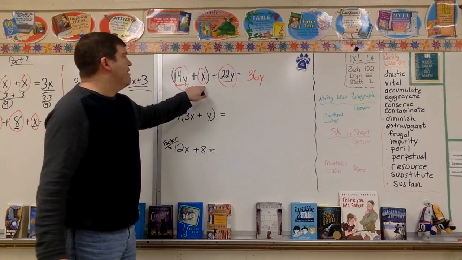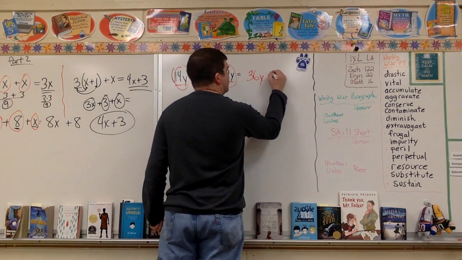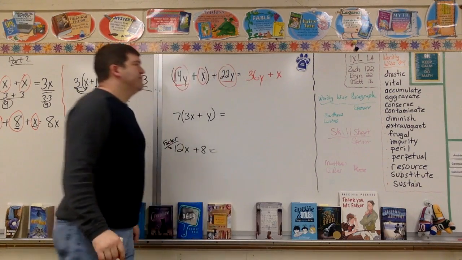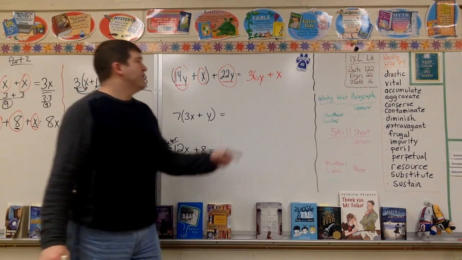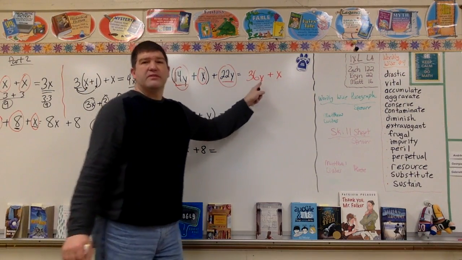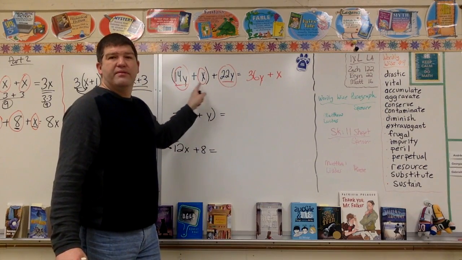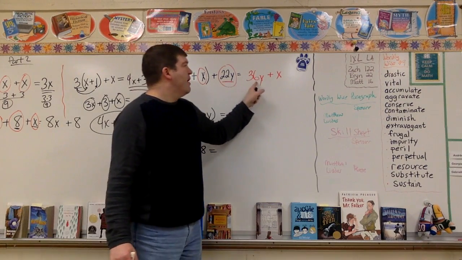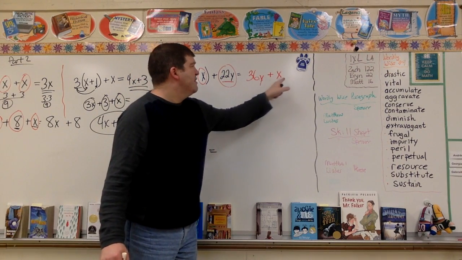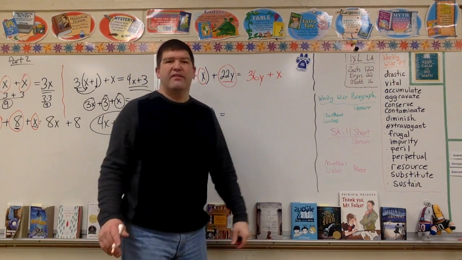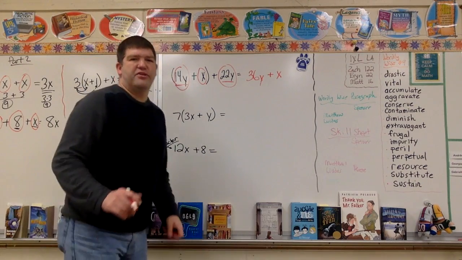But then I have this x, which I can't leave behind. 36y plus x. So now I have two terms, which is simpler than three terms. I can't put these together because one's a y, one's an x. They're not like terms.